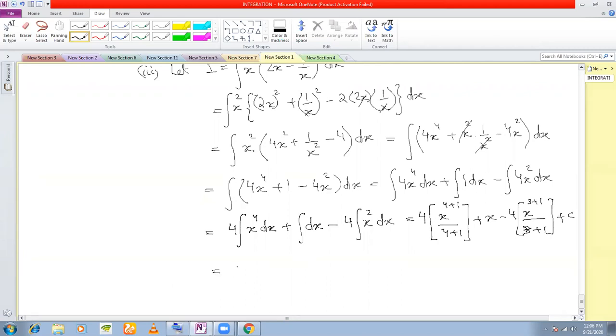So this becomes 4 by 5 x to the power of 5 plus x minus 4 by 3 x cube plus c, where c is a constant of integration.